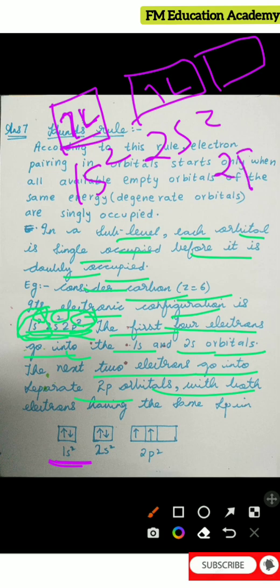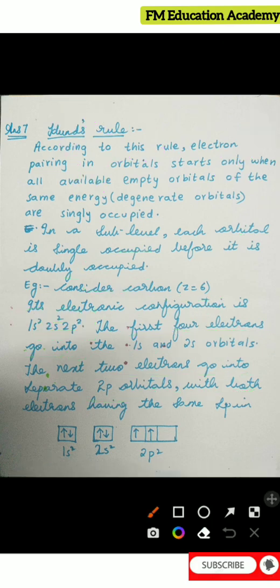In case of p, remember it has 3 orbitals, 3 separate shapes: x-axis, y-axis and z-axis. But here it is 2 electrons. Here we will not write both of them in the same box first. It will enter into orbitals separately according to Hund's rule. That is the meaning of Hund's rule.